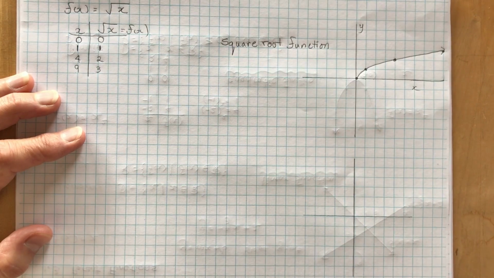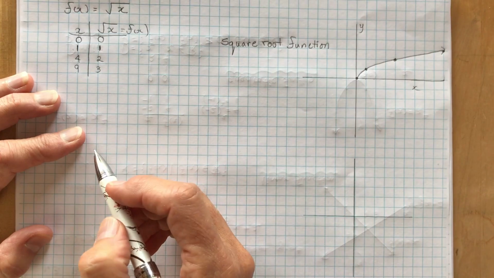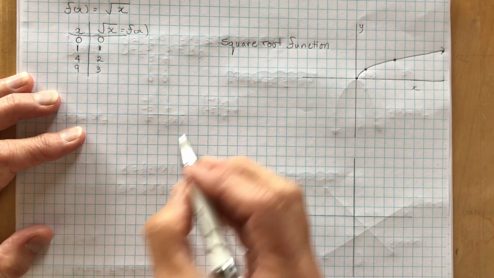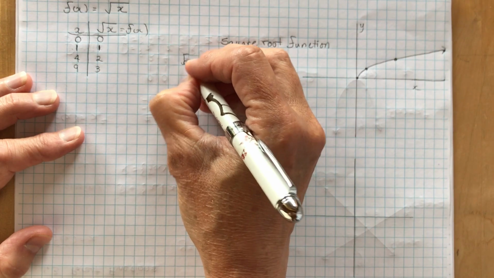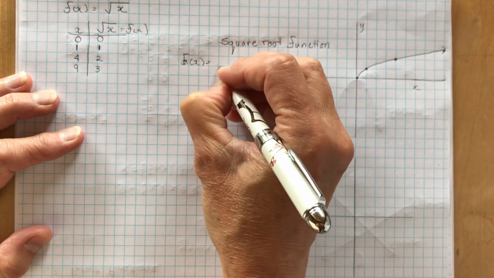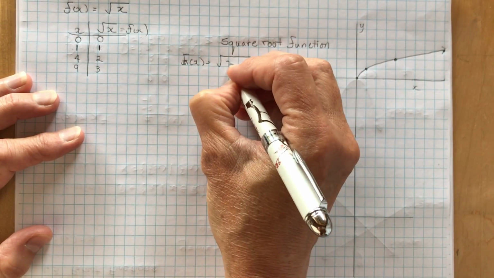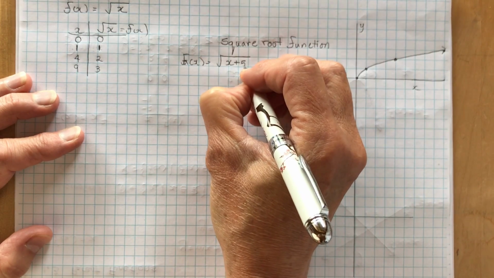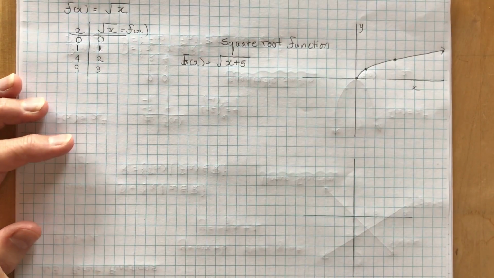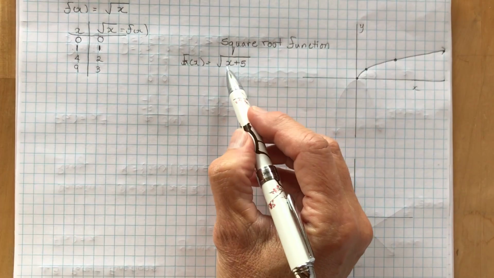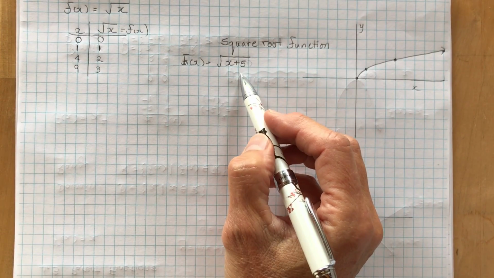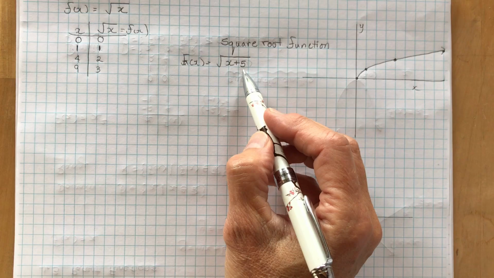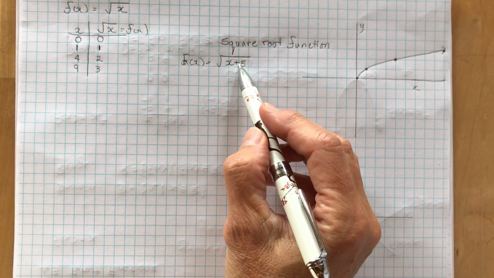So if we had another value under this radical sign, let's say f(x) = the square root of x plus 5. Now I have to think about what makes this equal to 0, because that's where the function is going to start, since I can take the square root of 0.